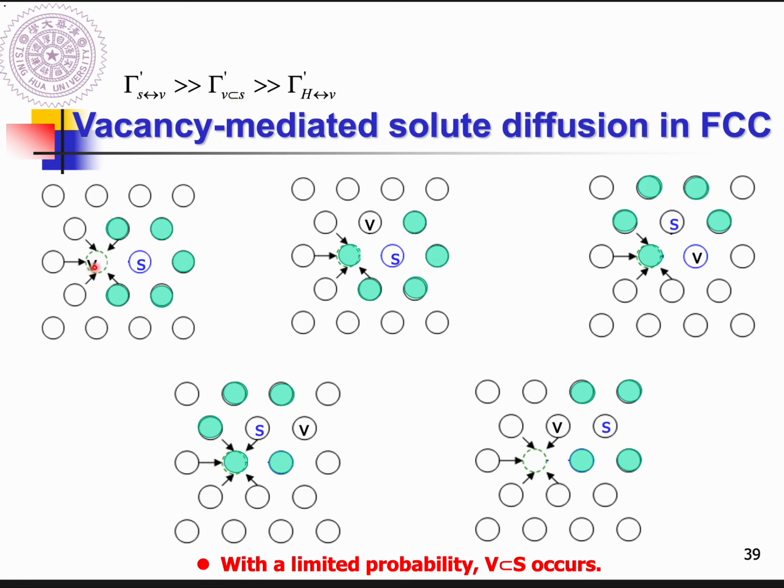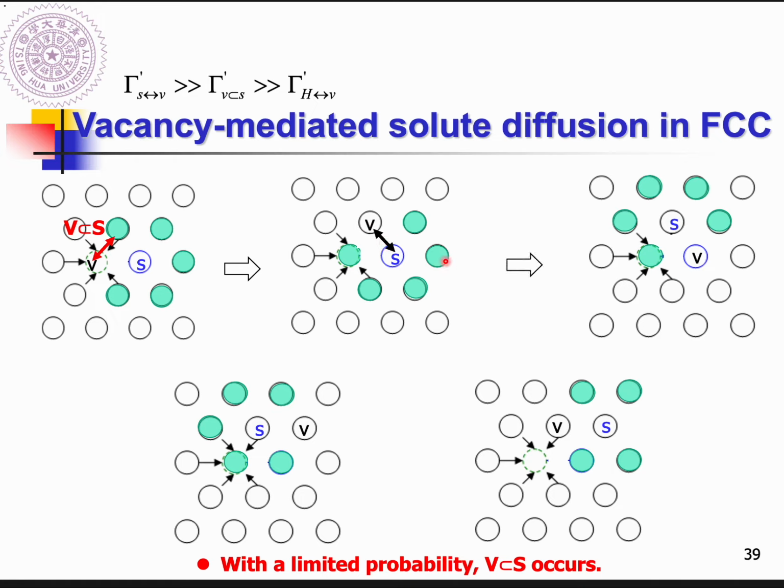So the vacancy will exchange with the host atom neighboring solute. The vacancy will jump here, and the host neighboring solute will jump here. So then the solute and vacancy still continue to bind together, jumping and exchanging location always.